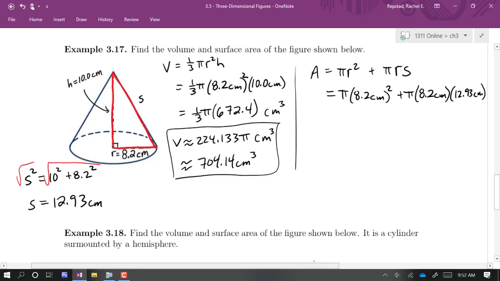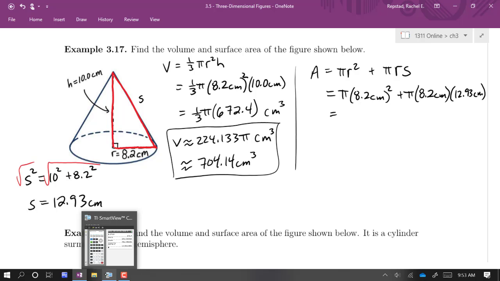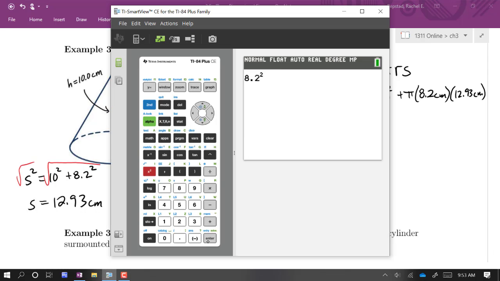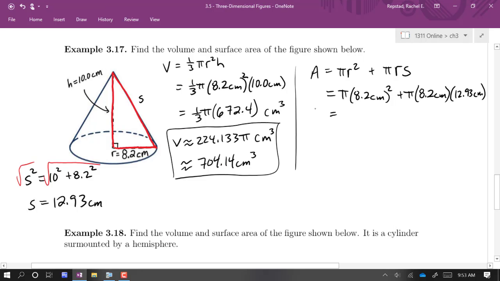Now, take a look at this. Think of the units we should end up with and see that that's exactly what happens. Our first term will have centimeters squared, and we're adding that to another term that's also centimeters squared, because we have centimeters times centimeters. So 8.2 squared, that's 67.24 pi.